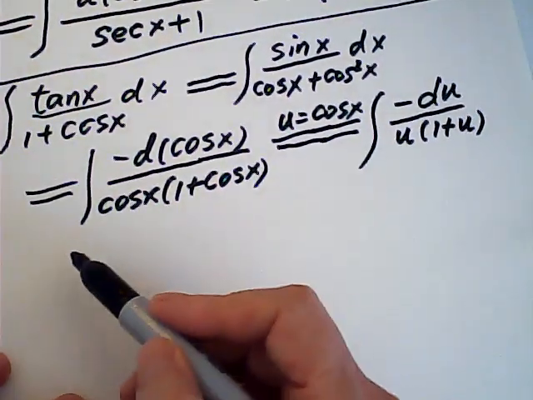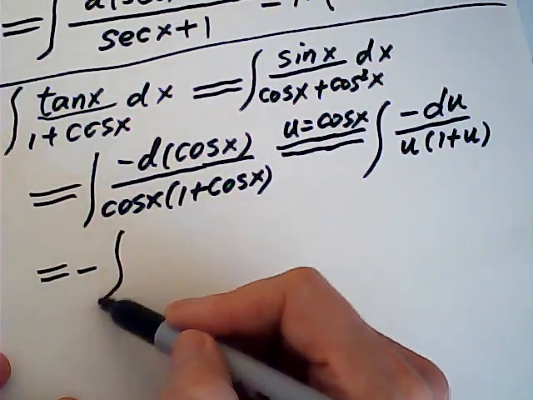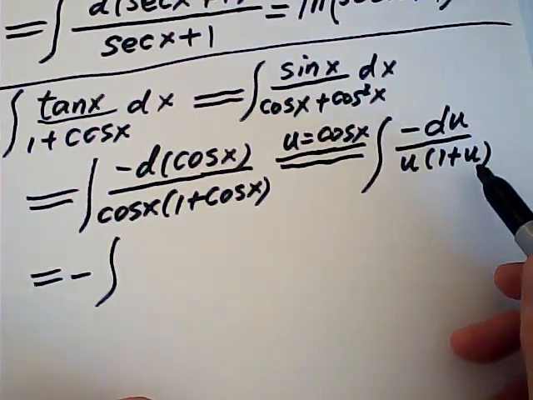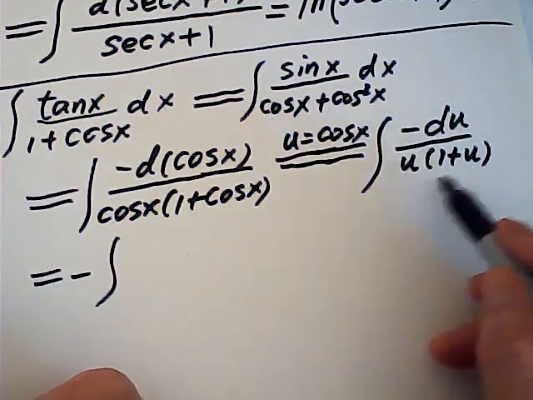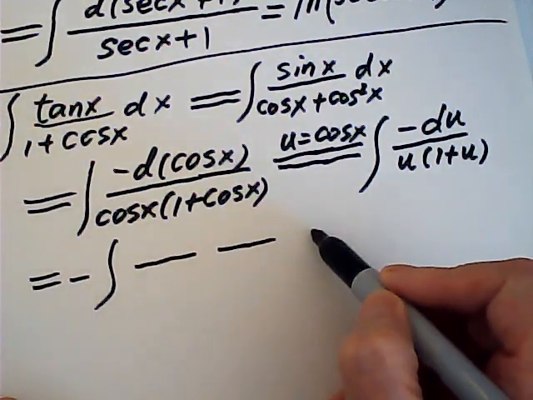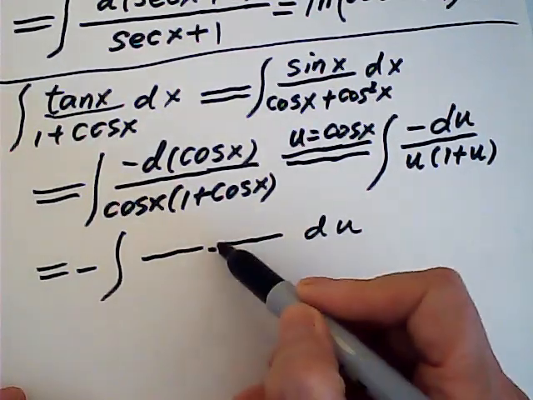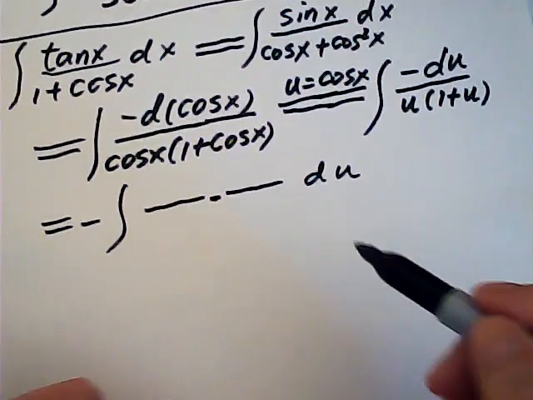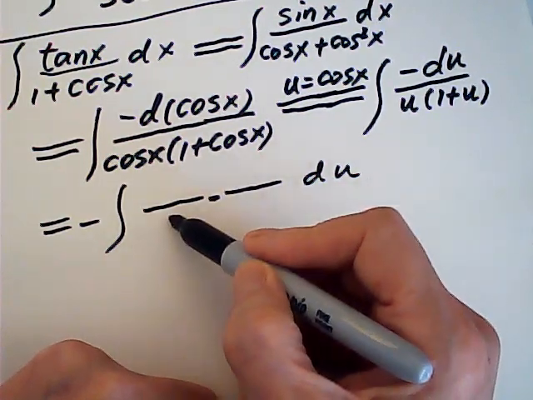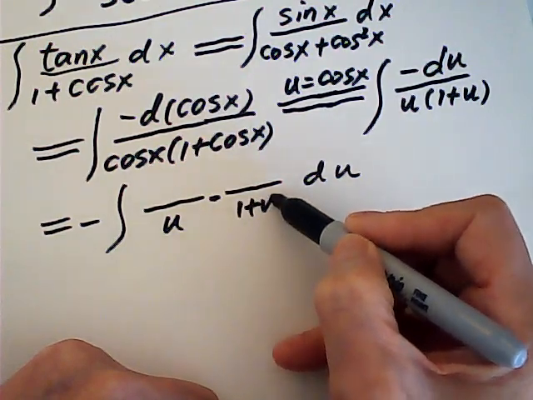Very good. Then this is equal to negative, and this is obviously by partial fractions, right? This is a du, and I omitted the detail. So this is equal to 1 over u times 1 plus u, right?